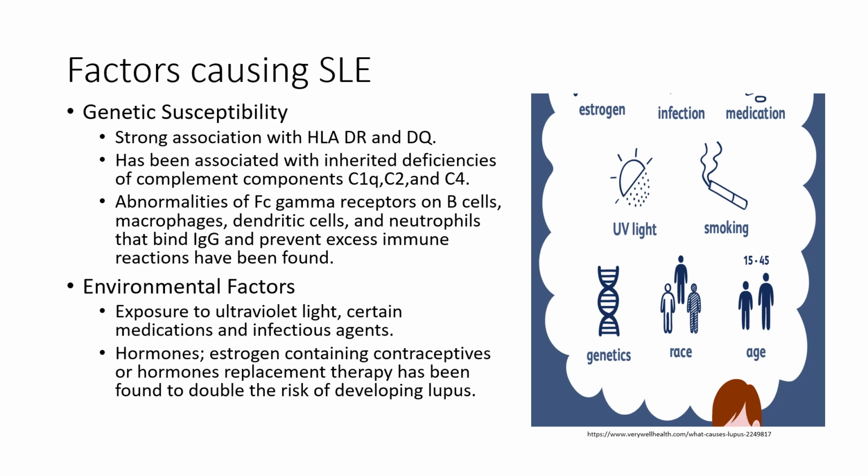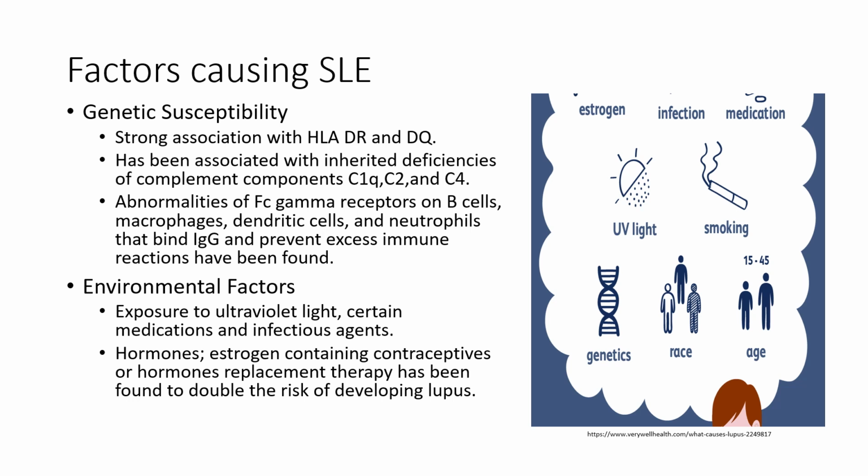As mentioned earlier, it appears that there is an interplay between genetic susceptibility and environmental factors. In fact, in whites, there is a strong association with human leukocyte antigens, the HLA DR and DQ. It has been associated with inherited deficiencies of complement components C1q, C2, and C4.